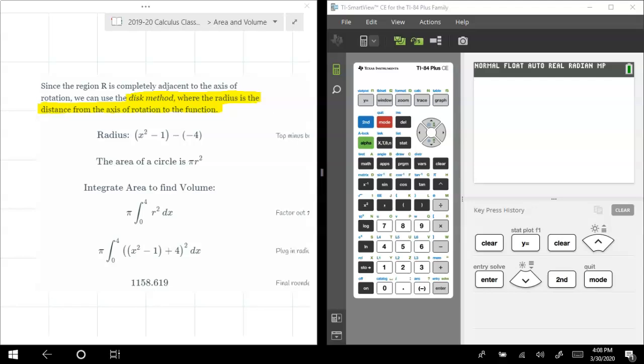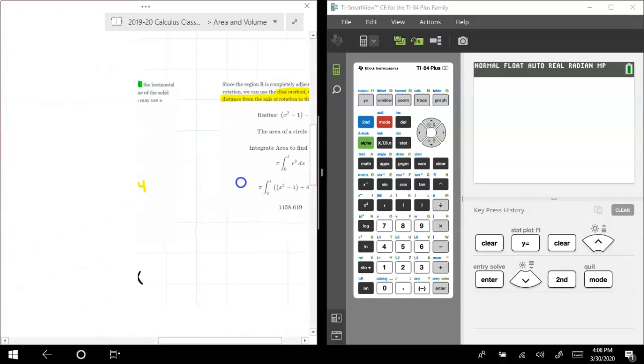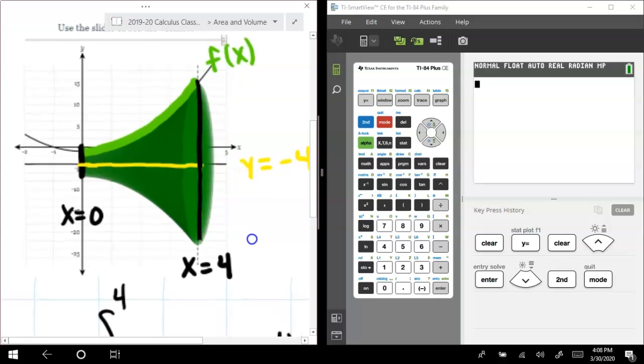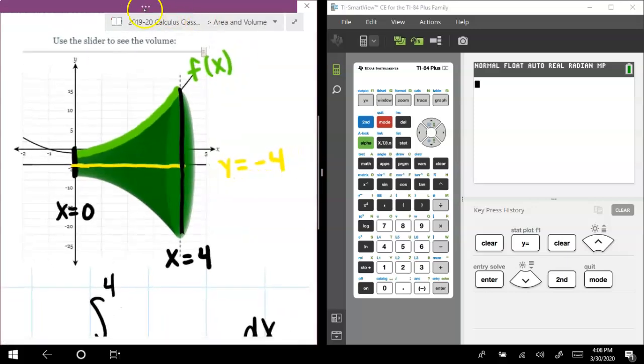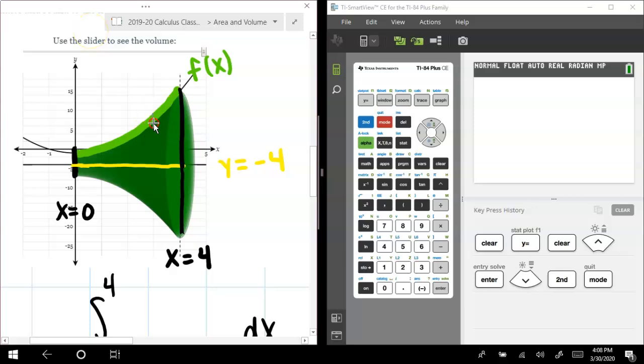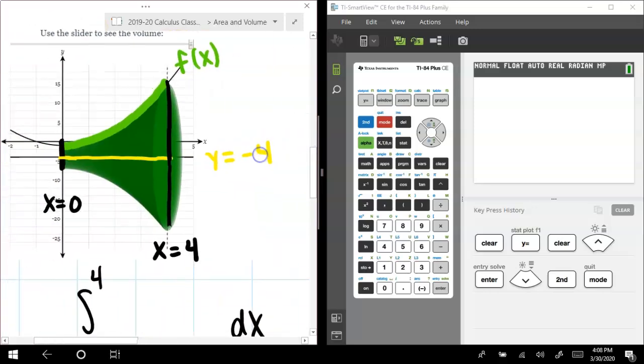So we need to get from the axis to the function, from the yellow line to the green line, all the way across from 0 to 4.